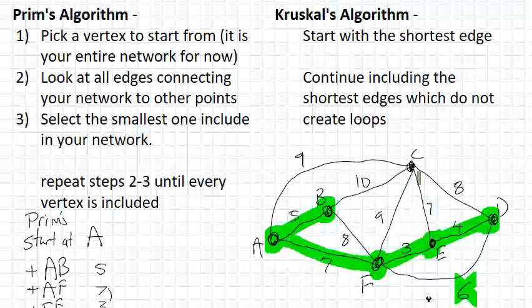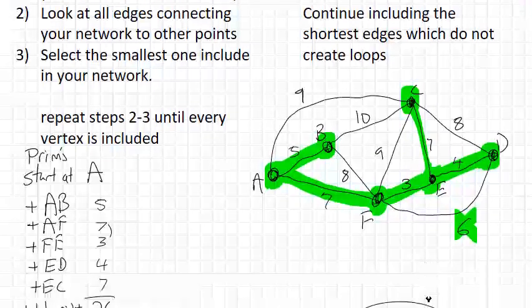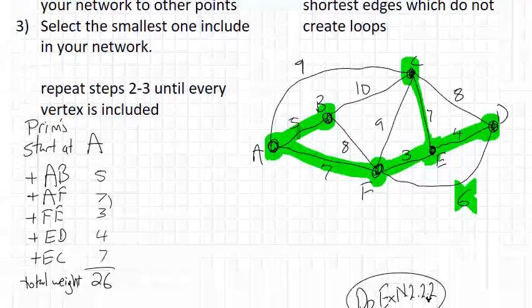But in this case, both of these are worth doing. One to connect the 2 disconnected networks together, and one to add C in as well. So now we're done here. Now that's exactly the same network we had last time, but drawn in a different order.